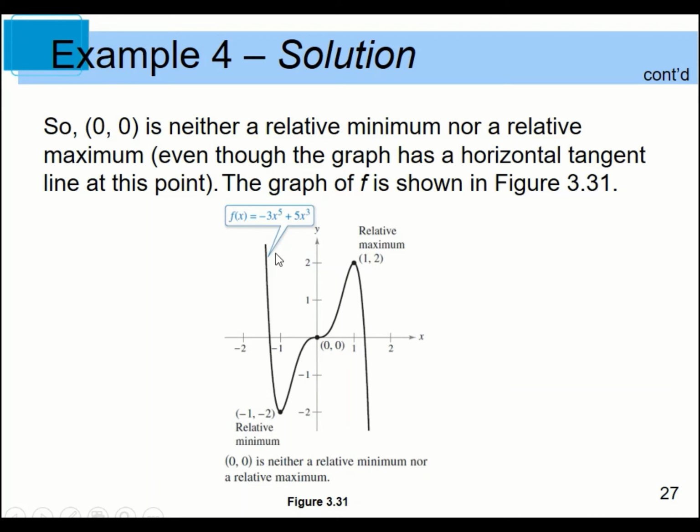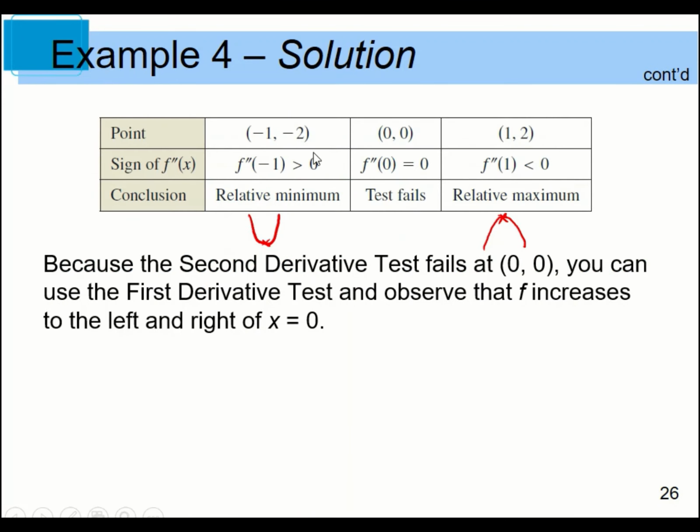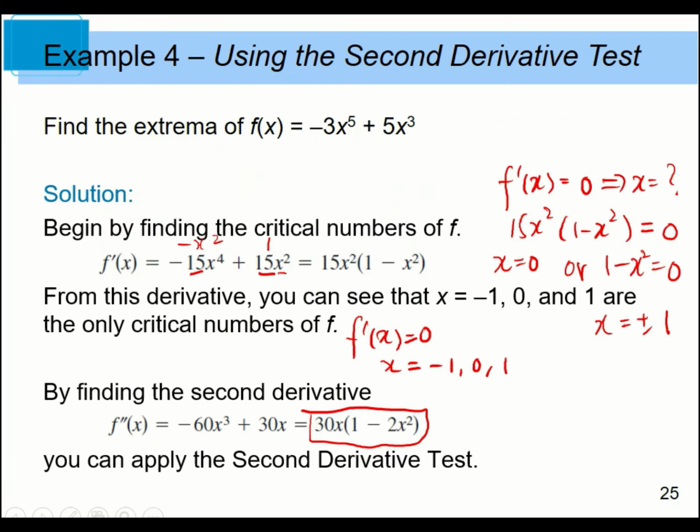So this concludes the second derivative test. Remember that we only perform the second derivative test after we have found the first derivative and let it be 0. Find the value of x.